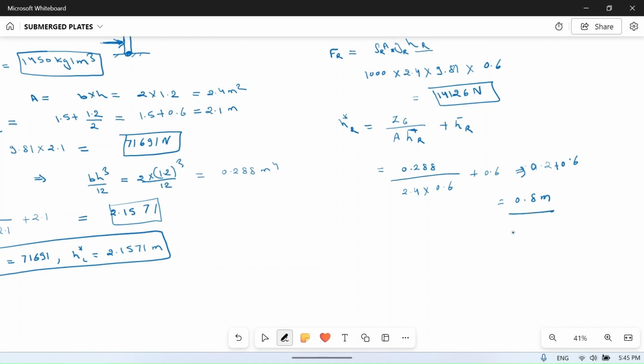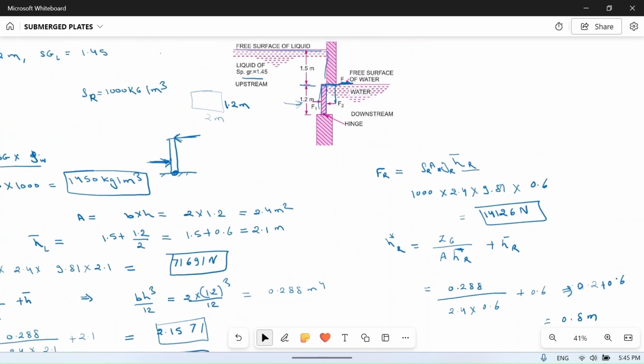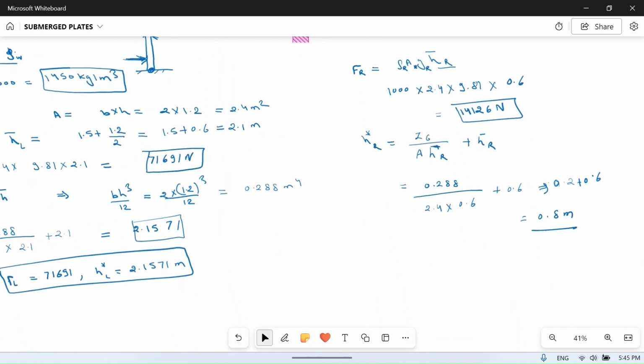So if you try to find its distance from the hinge, you can see in the diagram this distance is from here. So to find this distance, it will be equal to 1.2 minus 0.8, which is 0.4 meter.